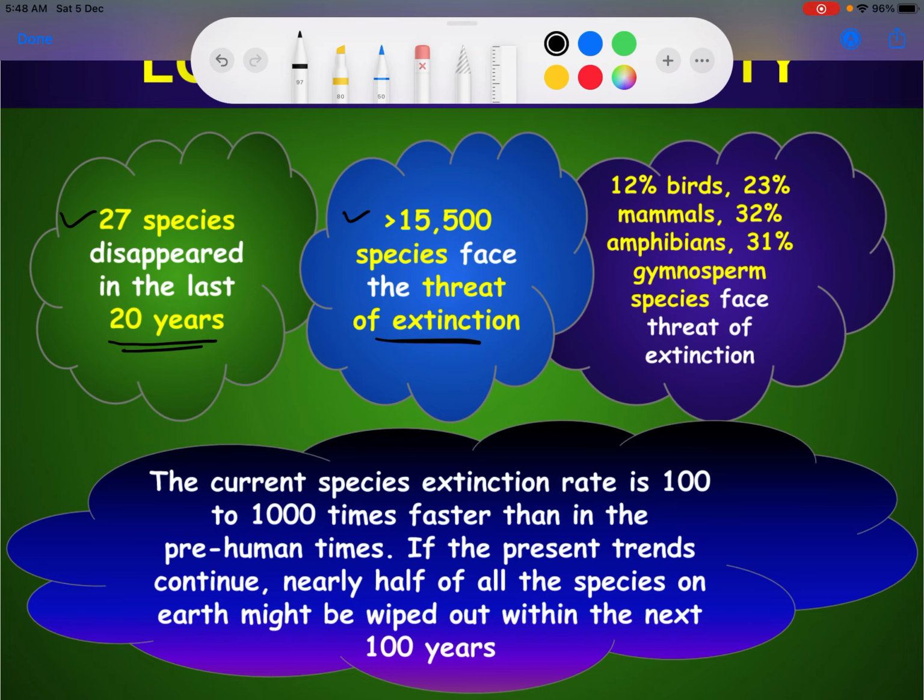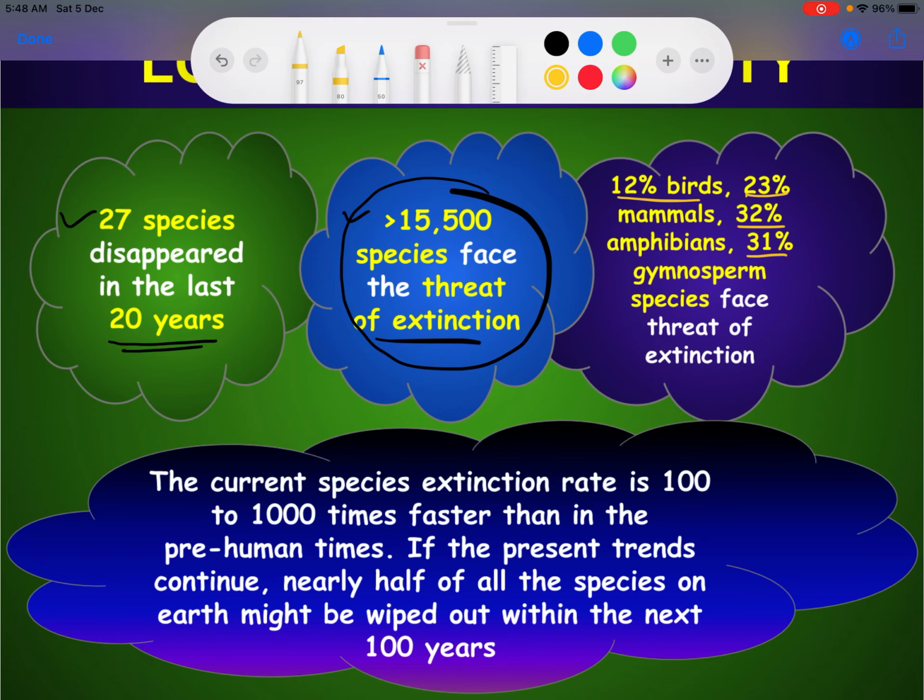Now, among these threatened species, if you compare, 12% are birds, 23% mammals, 32% amphibians, and 31% gymnosperm species, they are under the threat of mass extinction.